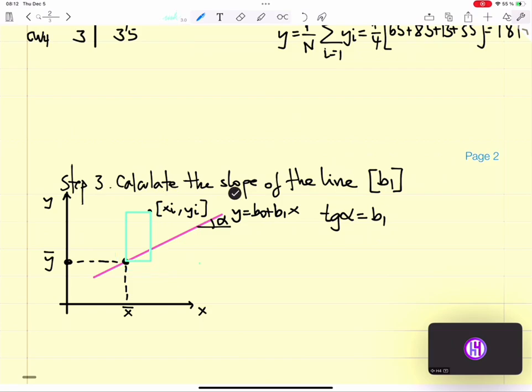So the square formed by the point x, y, xi and yi, and the mean value. What is the area of this?